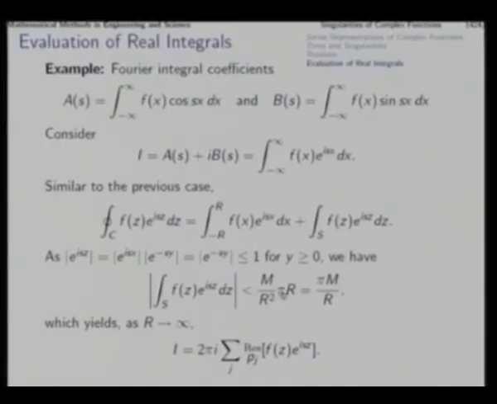So, that means this stuff is bounded by M by r squared into pi r, which is again this. As r tends to infinity, this part tends to 0 and this part is our integral that we want to determine, which is a contour integral that we get by the sum of residues. And as r tends to infinity, we get the complex coefficient function in one shot, from where we can separate out the real and imaginary parts.